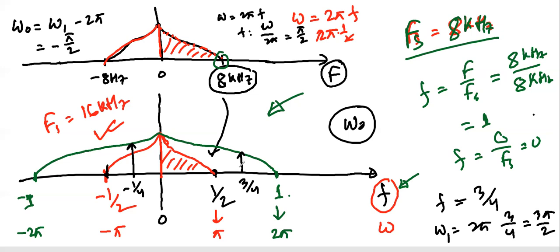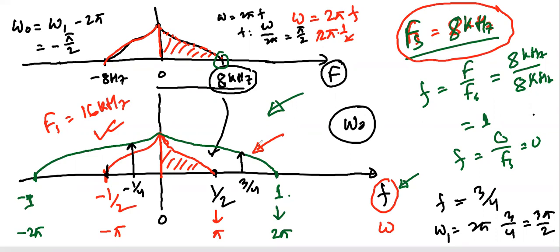So what was our concern? Our signal band was from 0 to 8 kilohertz. We haven't changed that. We have chosen our sampling frequency as 8 kilohertz, and we have found this spectrum, the green spectrum.